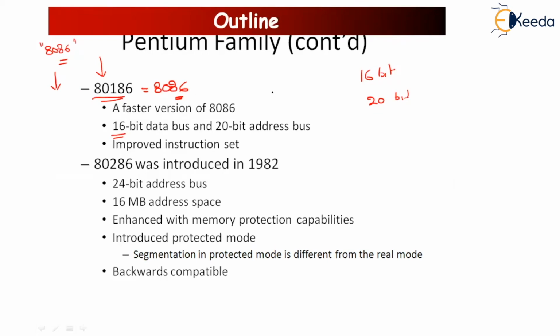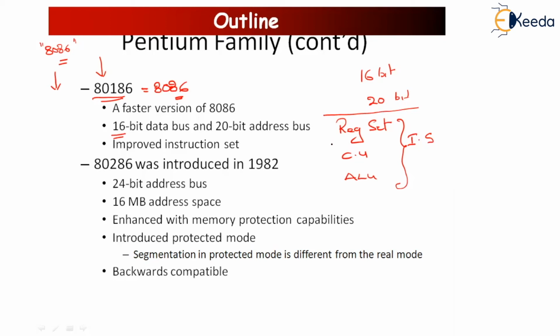When you design a processor, essentially you need to design three things. One is the register set, second is the control unit, and the third is the ALU. In addition to these, you should also design a few machine language instructions. It can be called the instruction set.